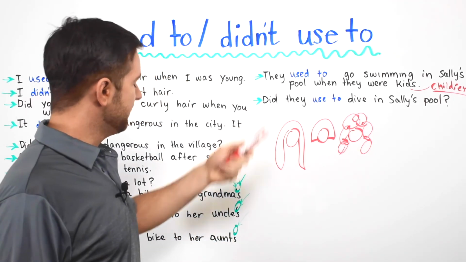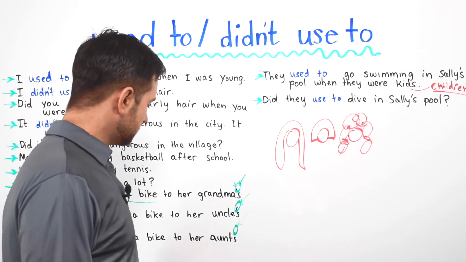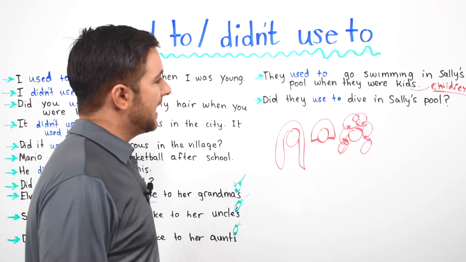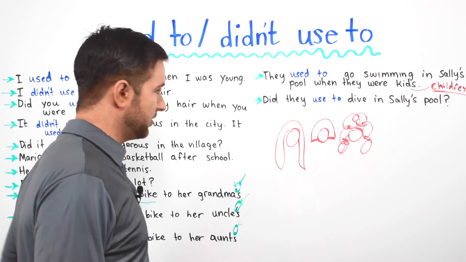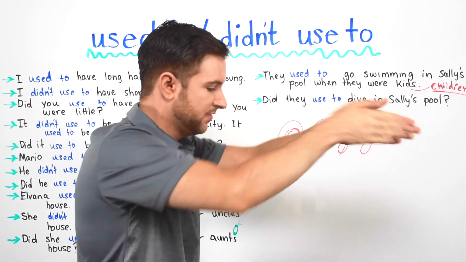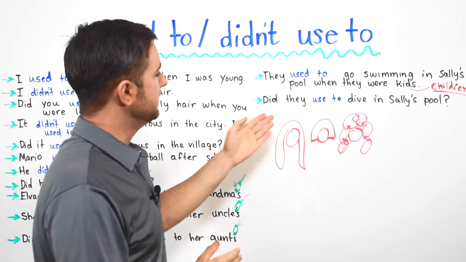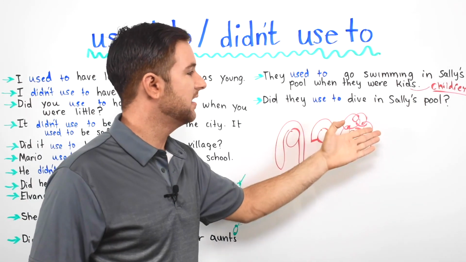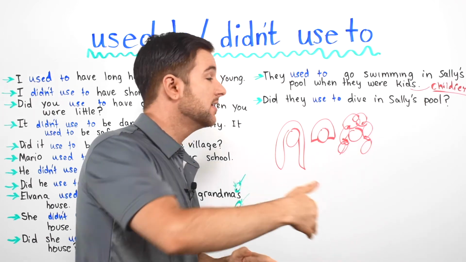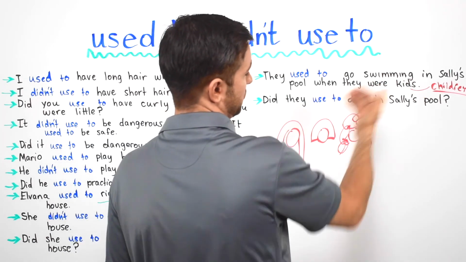And then finally we have this one. It says, did they used to dive in Sally's pool? Dive is like when you put your hands up and you dive into the water. So when you dive, you go into the water so as to go swimming.